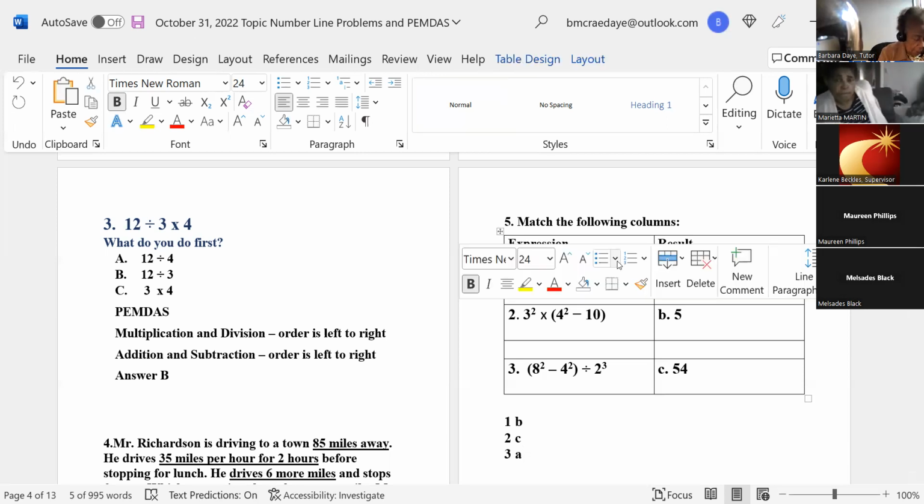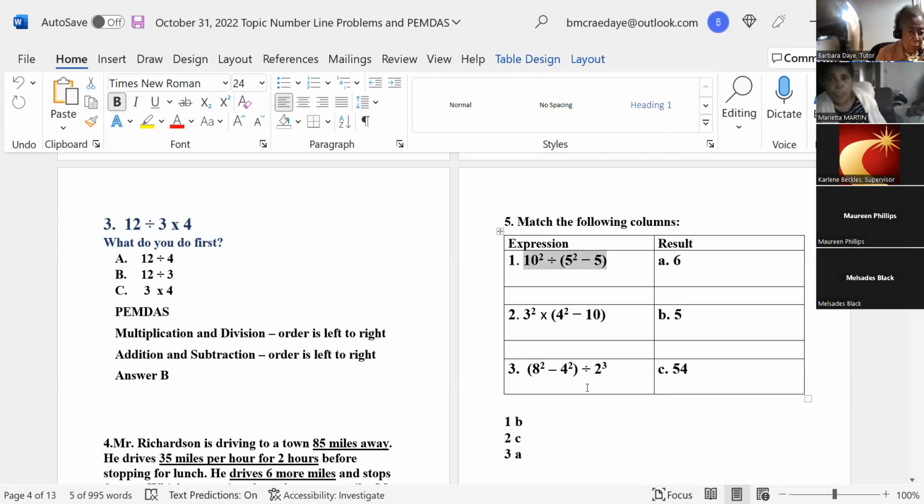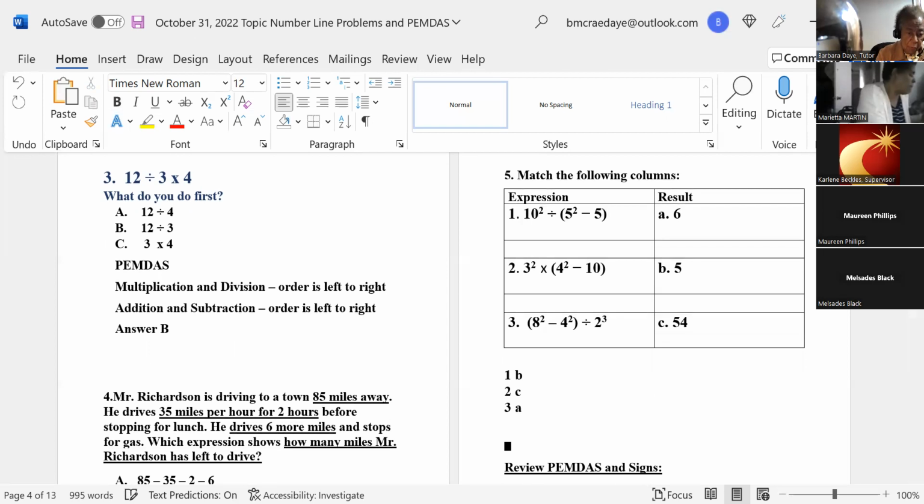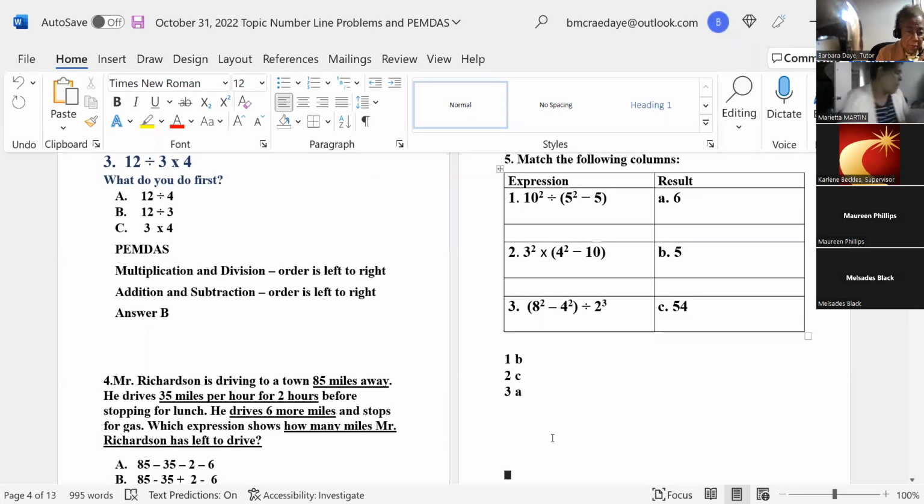Okay, let me copy that. And 10 to the second is what, Marietta? 10 to the second power.